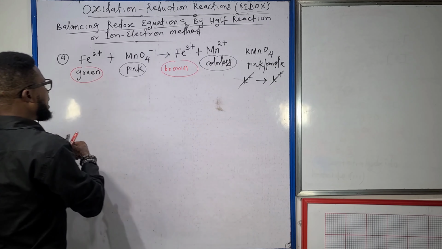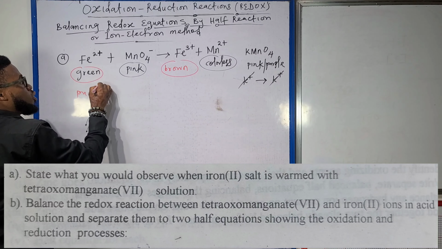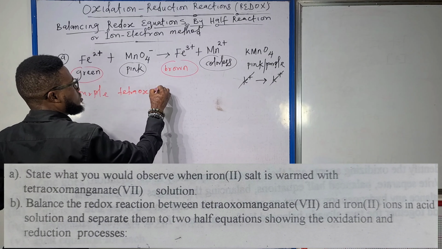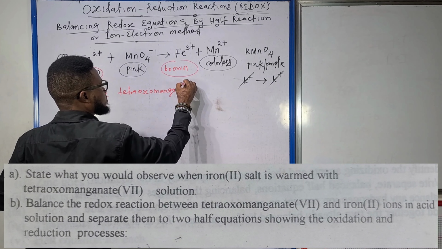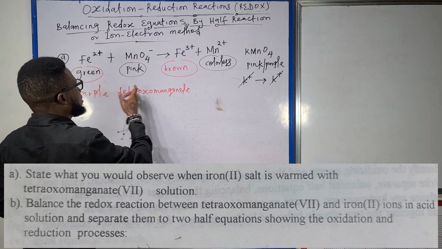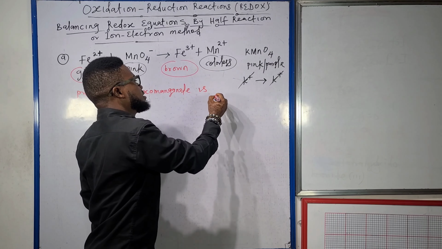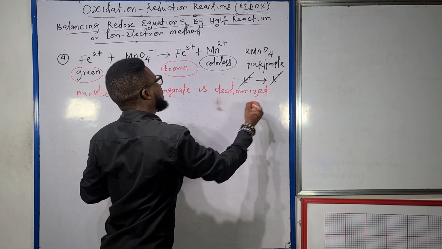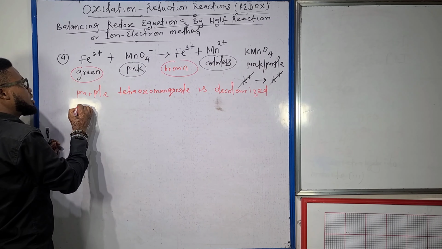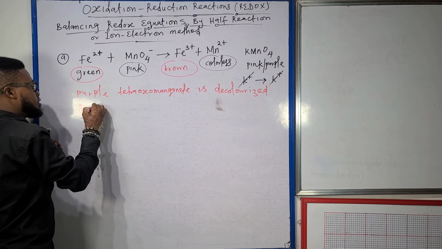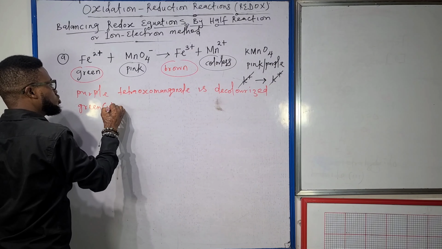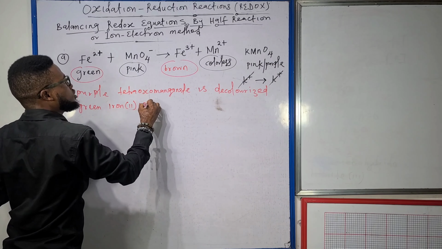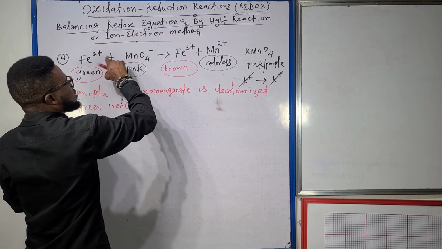So what you say here is that the purple, that's the pink, tetraoxomanganate is decolorized, while green iron 2 ion, 2 plus to 3 plus, that is an increase in oxidation number.